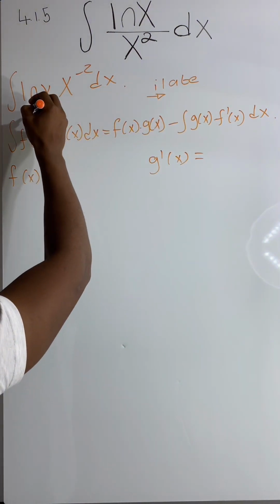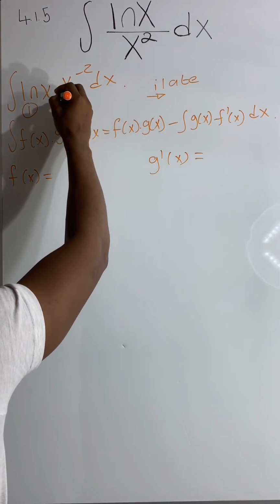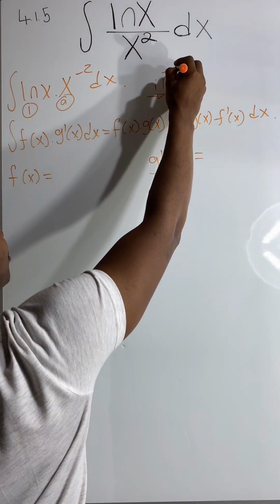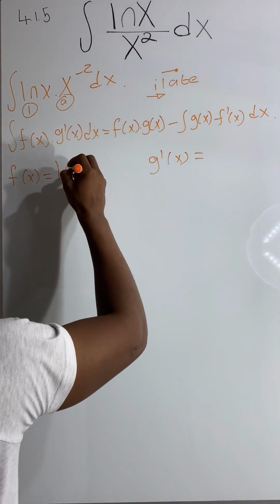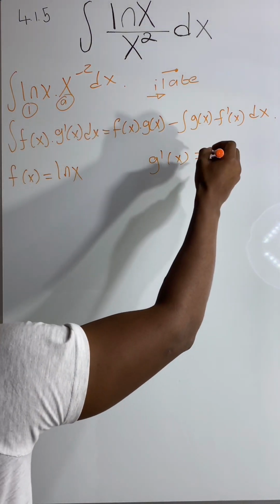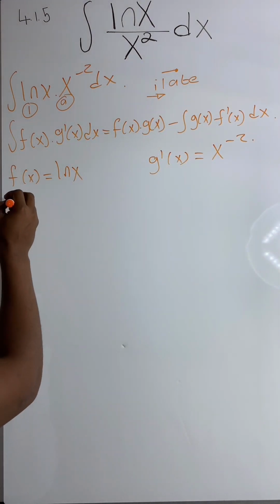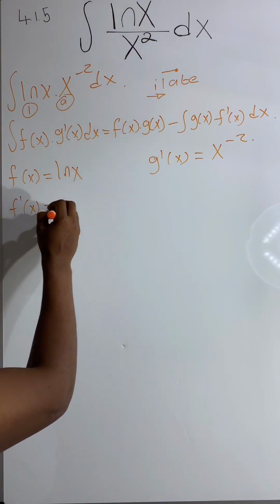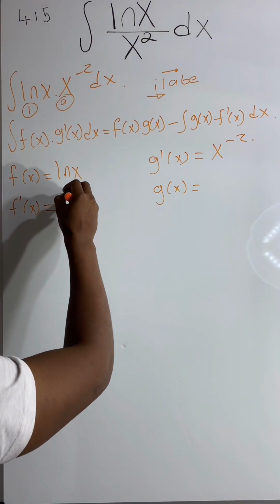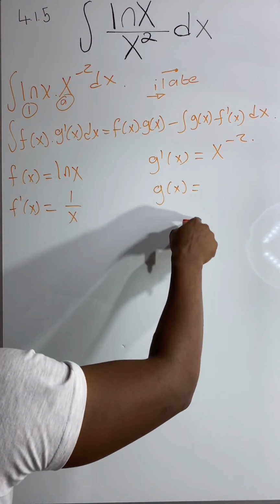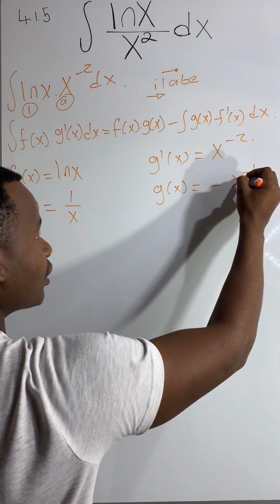So here we have a logarithmic function L, and here we have an algebraic function A, and the logarithmic function L comes before the algebraic function A. So ln x will be equal to f of x, and g prime of x will be equal to x to the power -2. The next step is for us to differentiate f of x and integrate g prime of x. When we differentiate f of x, we get 1 over x. When we integrate x to the power -2, we get negative x to the power -1.